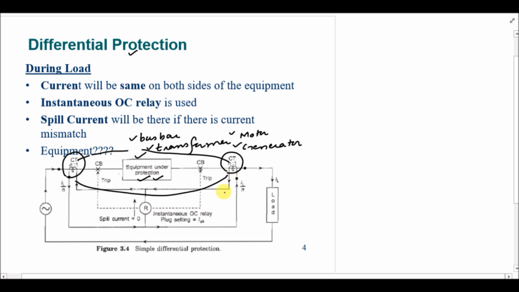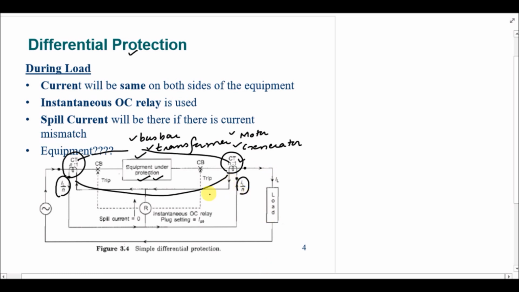And there are two currents that are being measured. The first one is this IL by N, which is being measured by the CT before the equipment, and the other one is IL again measured by the CT that is at the receiving end of the equipment, or the one that is connected to the load.